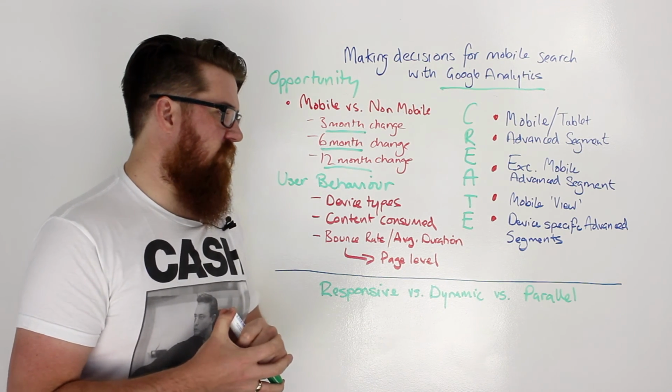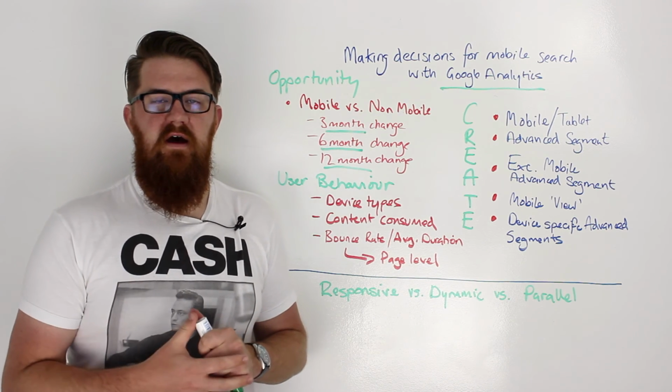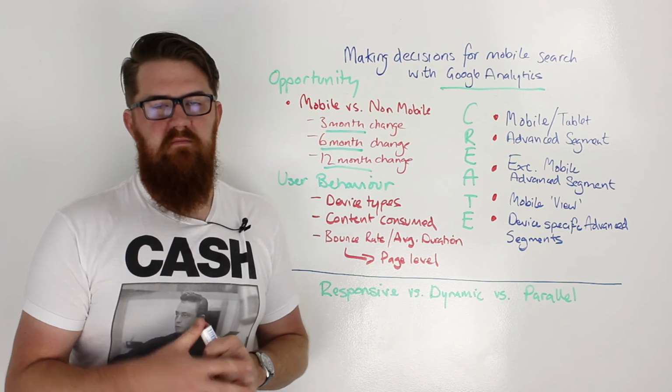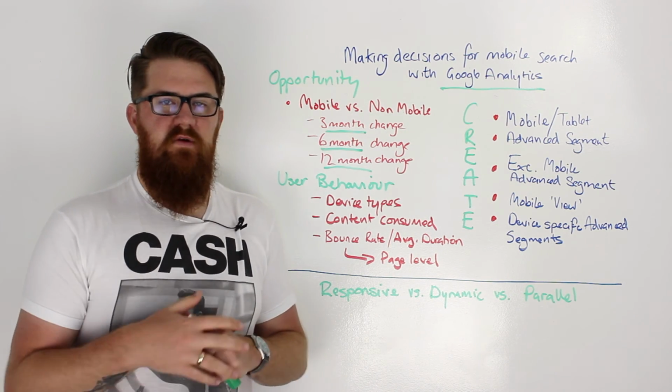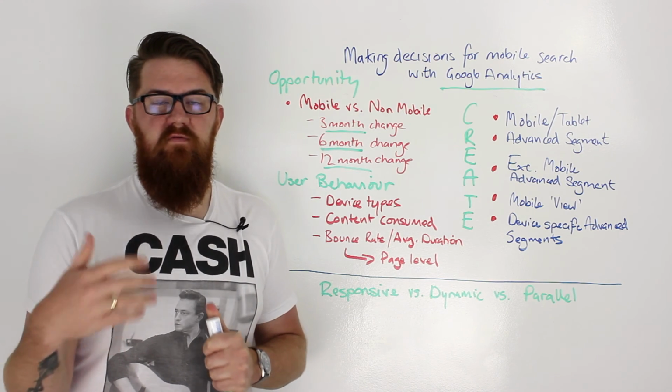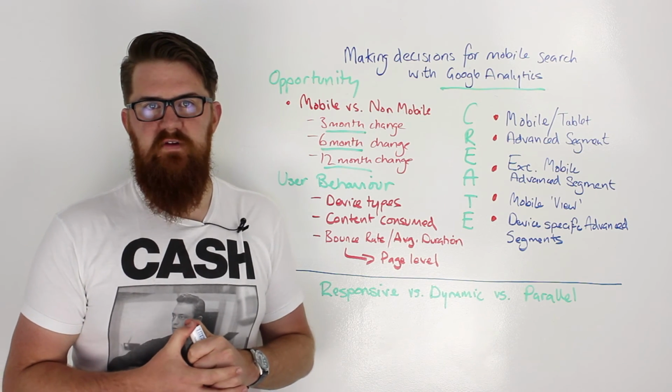And then you've also got a parallel solution, like using a mobile domain, m.domain.com, etc., which helps you have something completely different for your mobile users, but throws up the potential issue of duplicated content.